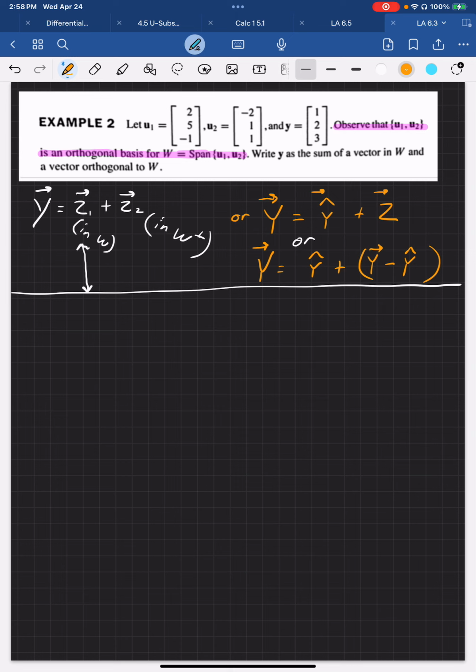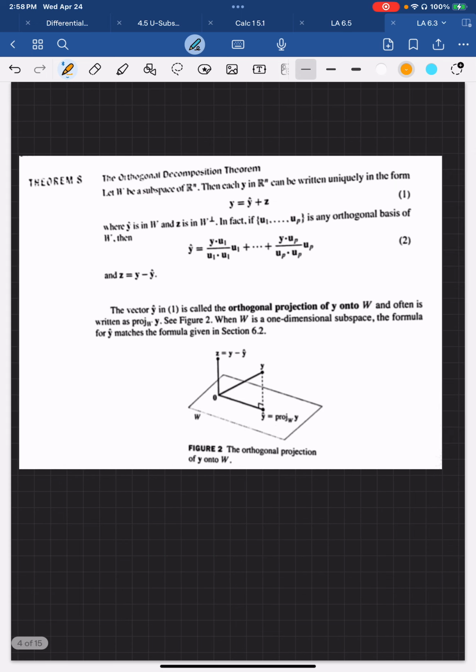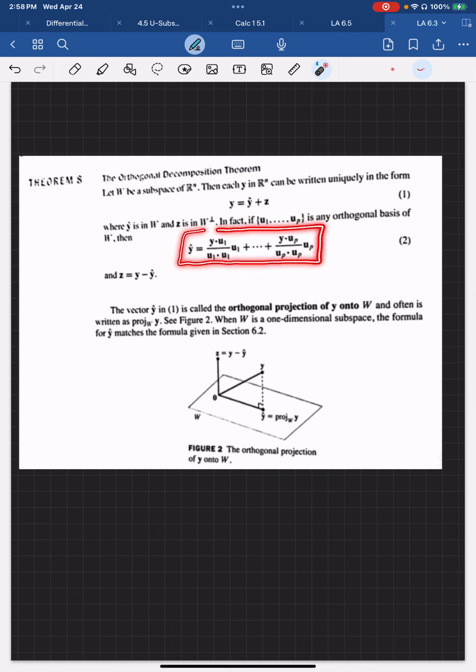So how do we do this? Well, I'm now going to go back to the theorem. If you want to succeed here, we're going to start with how do we write y hat? I'll spare you the proof of this. It's actually not that bad.